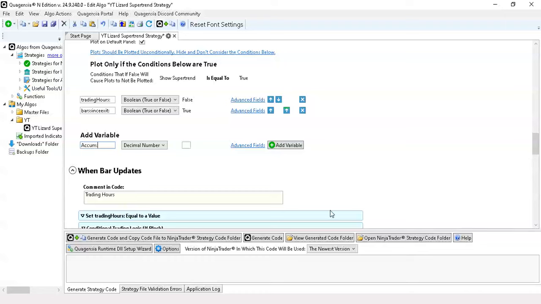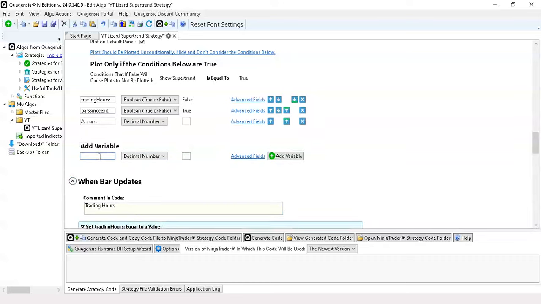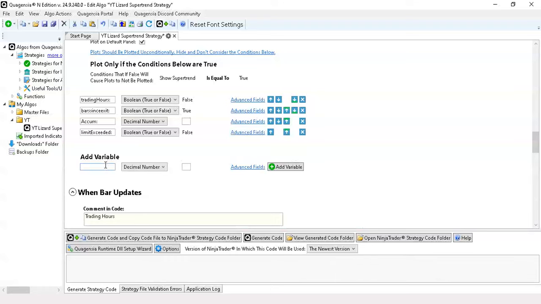Okay, so we're going to make this a variable, and we're just going to keep that the way it is. I'm going to set up two bools. Keep that at false, and make this a bool also.